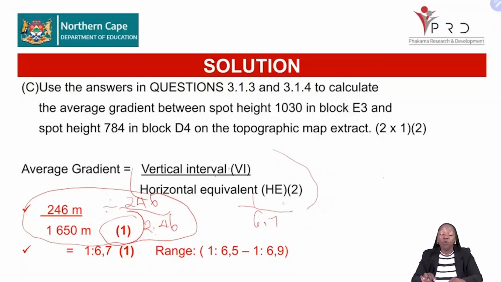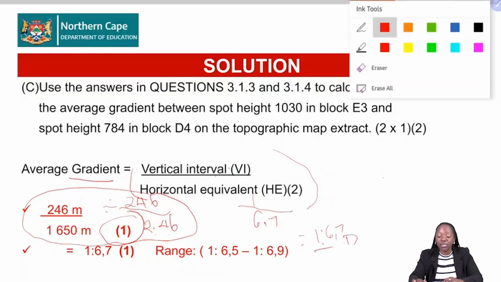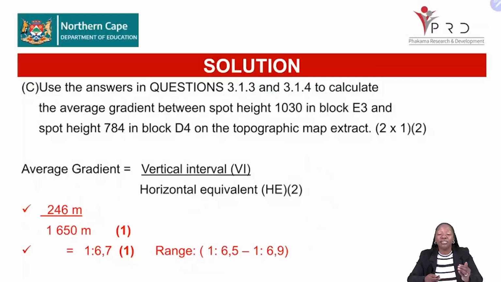Then because we are calculating a gradient and the answer for a gradient is supposed to be a ratio scale, you say 1:6,7 to make a ratio scale. So that's how you get those 2 marks.